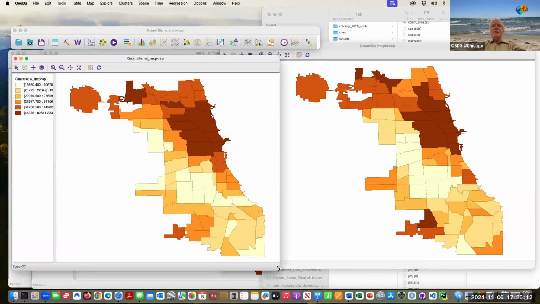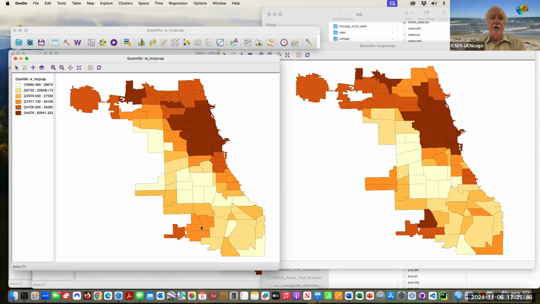And in some places, it looks very much like the original map, and in other places, it does not. Okay. What does that mean? If we go here, for example, all these locations are in the top category. The average of the neighbors is also in the top category. Is that likely to happen by chance? Probably not. Right?